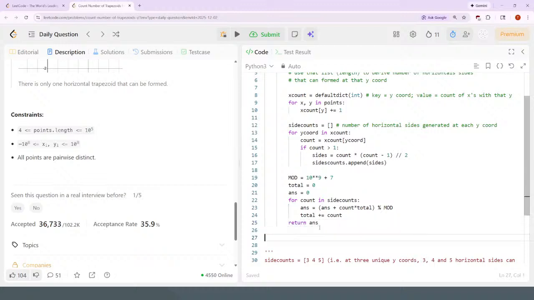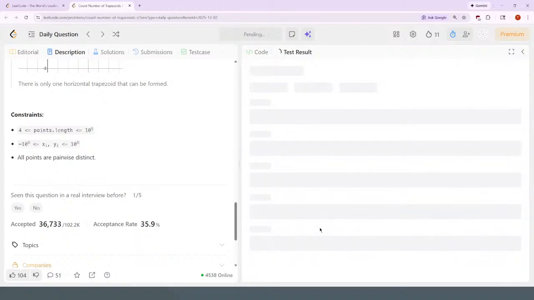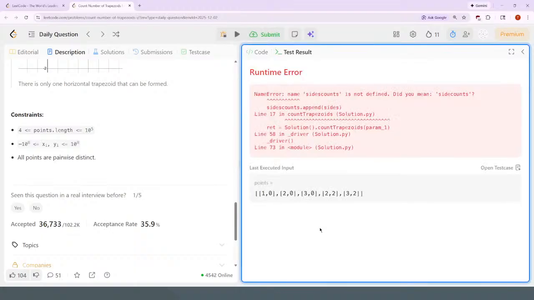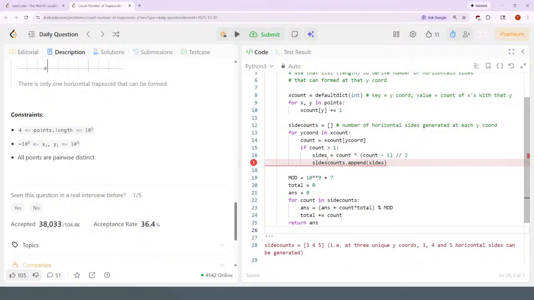I think that's right. Side counts is misspelled, it looks like.